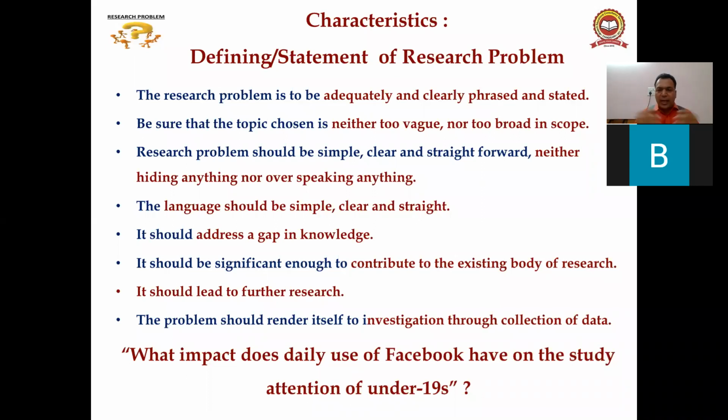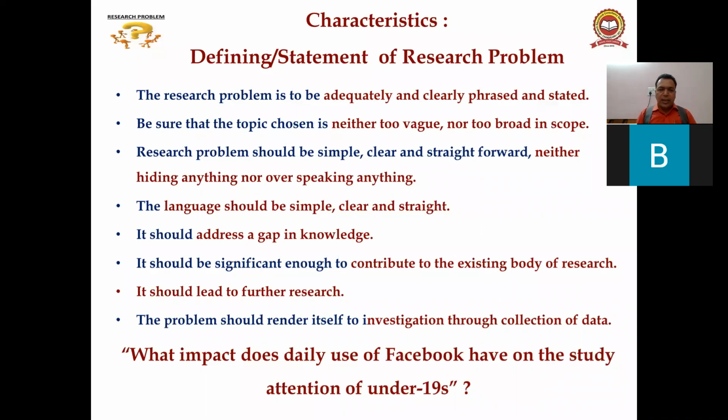Sometimes it goes on expanding, and you have to wind up the topic within 2 years. Third characteristic of defining or statement of a research problem is that it should be simple, clear and straightforward, neither hiding anything nor over-speaking anything. Fourth, the language you use while defining the statement of the research problem should be simple, clear and straight.